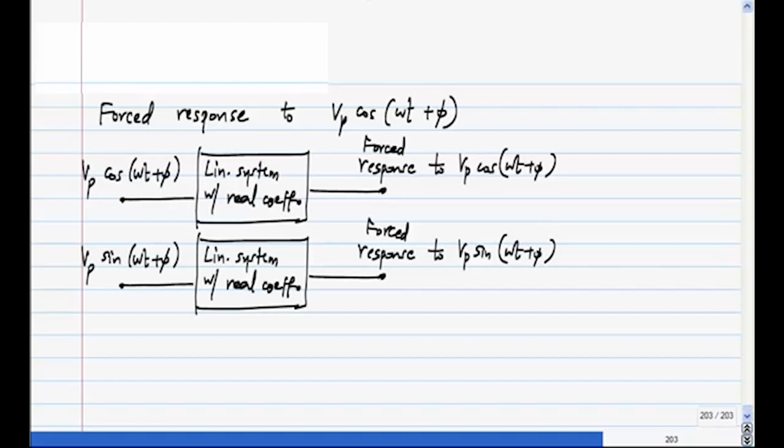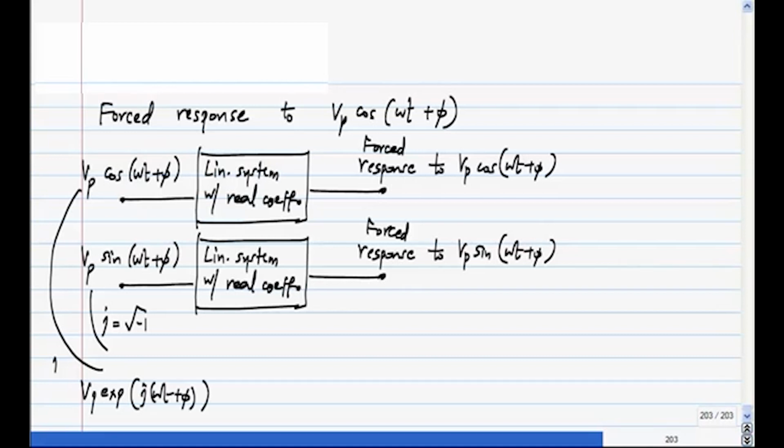Then what we can do is superpose these two inputs, multiplying this by 1 and this by j, which is the square root of minus 1. When we do that, my input becomes Vp exponential j(omega t plus phi), and it goes into the same linear system with real coefficients.